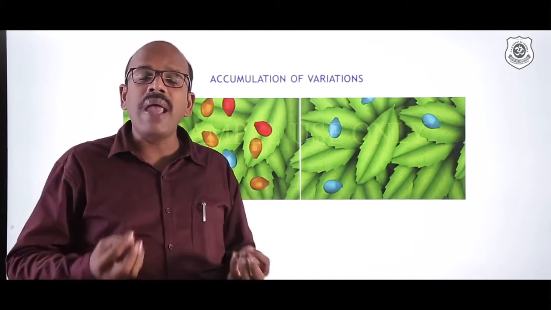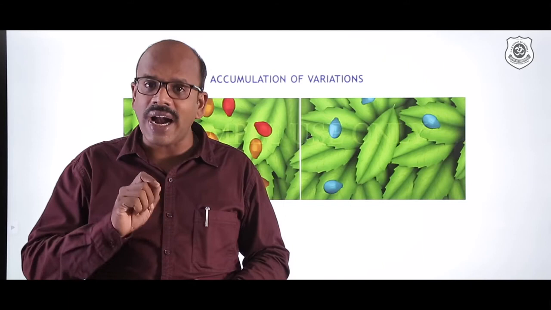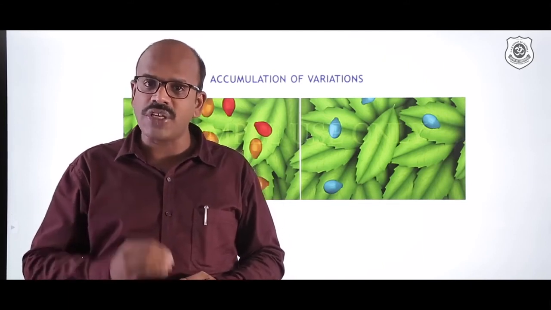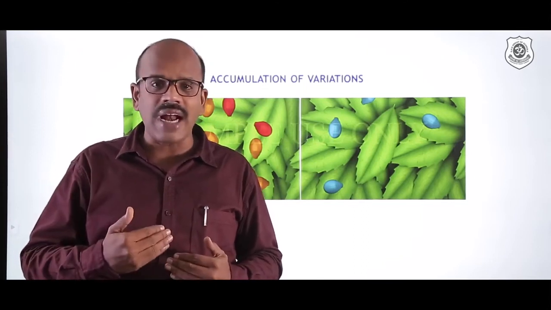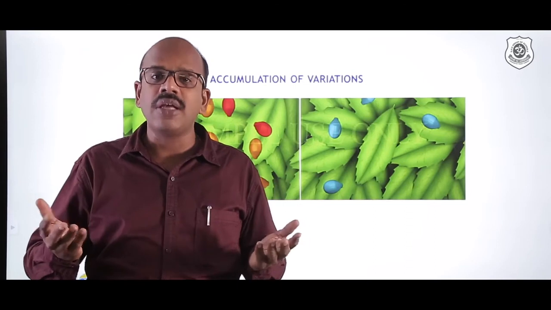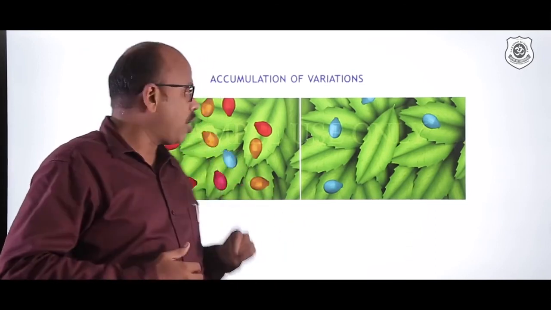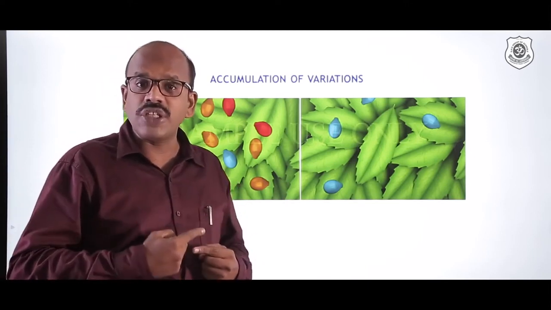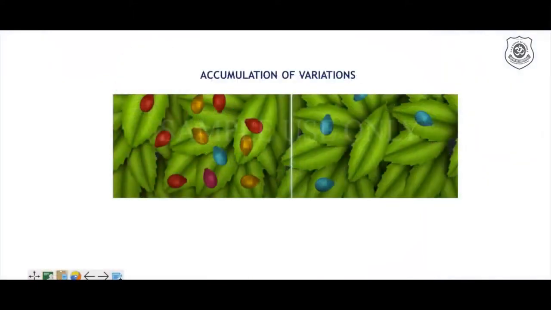Many characters may pick up variations, and we all know very well that any variation that has some adaptive value will get settled in the population by the process of reproduction. If they don't have any adaptive value, that will be eliminated subsequently in the process of natural selection. So now what happens? New variations are coming in, and those variations which have some adaptive value are going to get settled.